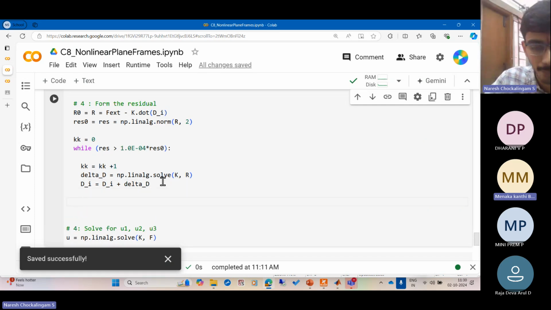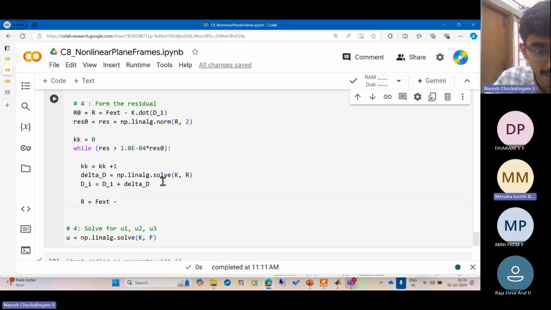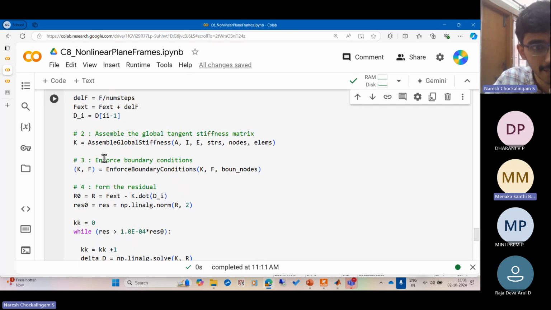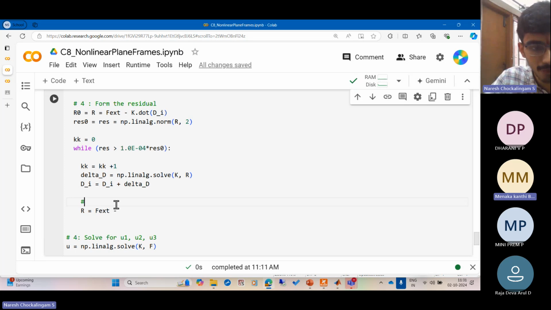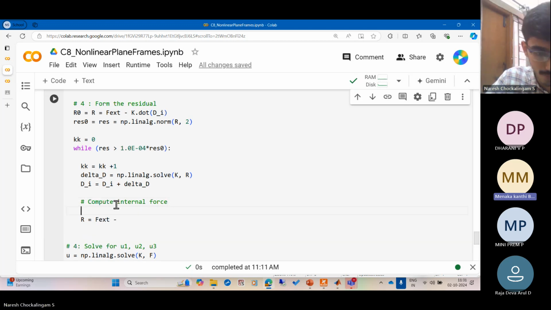Then do this again. So now residual is equal to F external minus this thing. No, you have to do everything again. So this part has to be done again. Assemble the global stiffness. So basically this part is compute internal force.